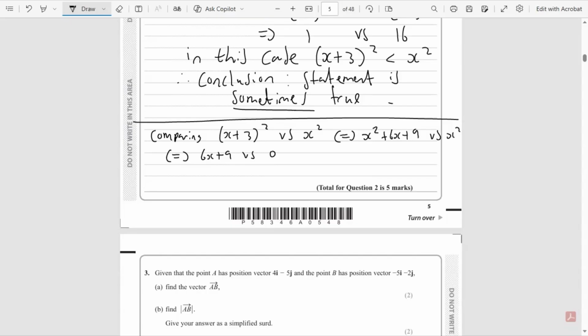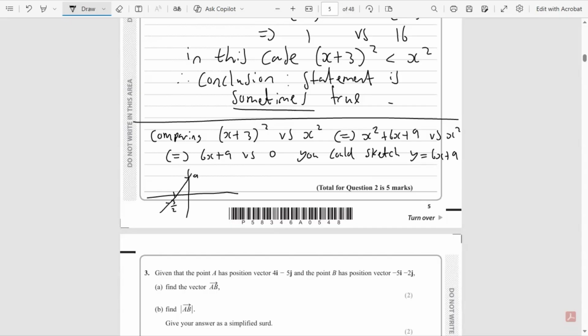And what you can simply do to explain this is sketch the graph of y equals 6x plus 9. Okay, so the graph of y equals 6x plus 9, you've got a y-intercept of 9. You've got some x-intercept down there. If you set 6x plus 9 equal to 0, you will get an x-intercept of -9 over 6, which would then simplify to -3 over 2, right? So you've got an x value or root there of -3 over 2.